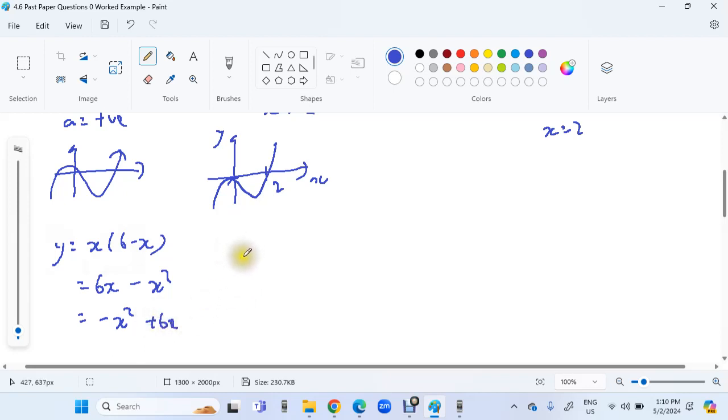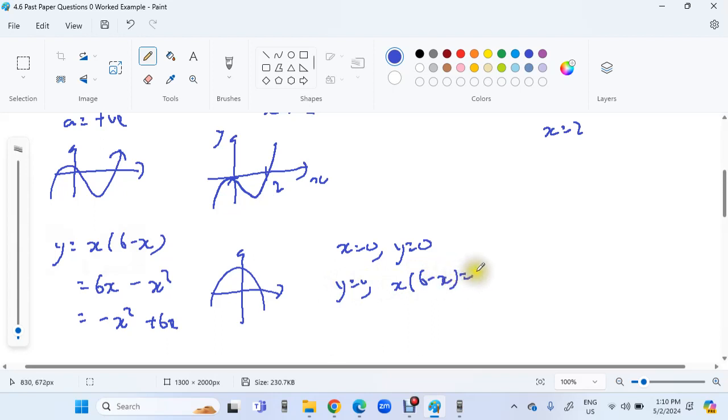The shape will be something like this. When x equals 0, y equals 0. And when y equals 0, we have x times 6 minus x equals 0, so x equals 0 and x equals 6.